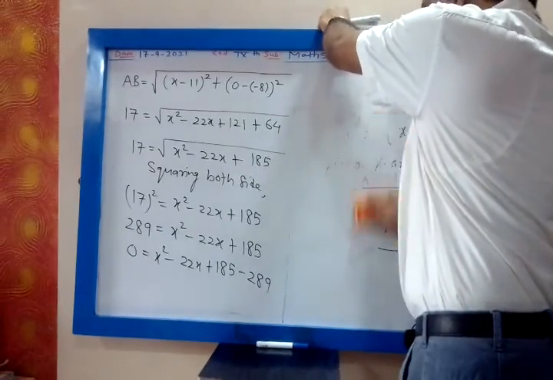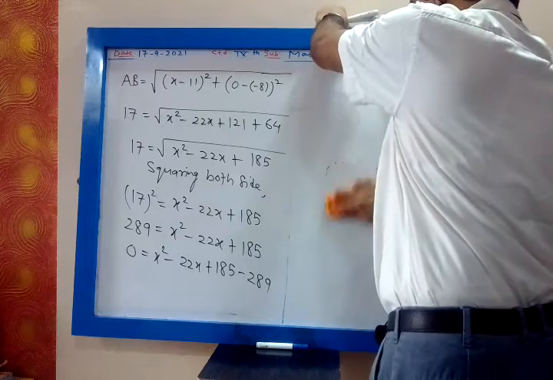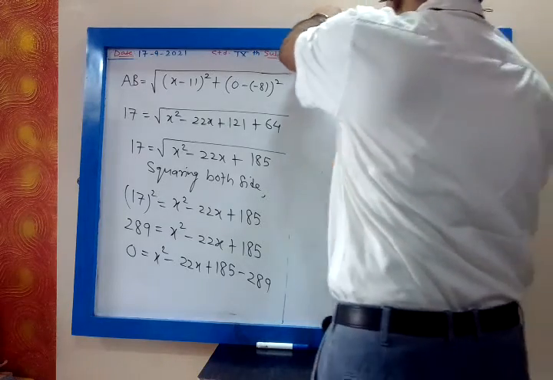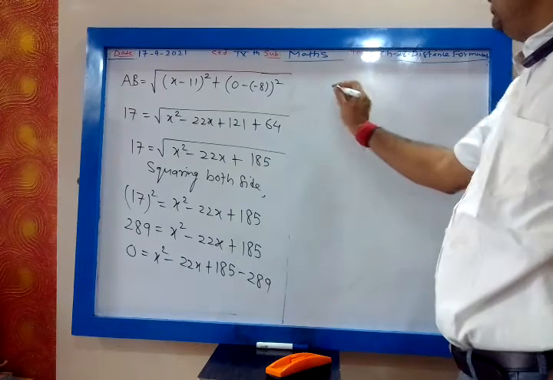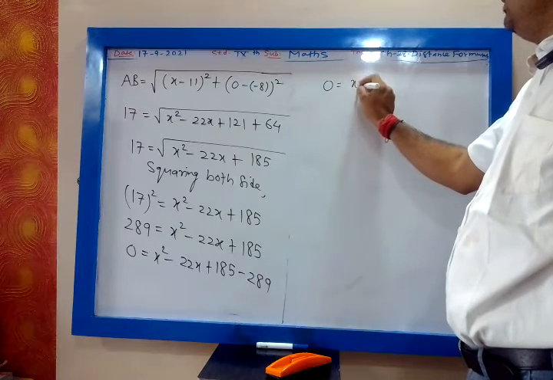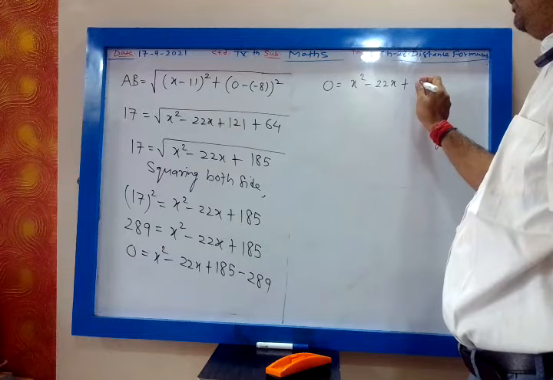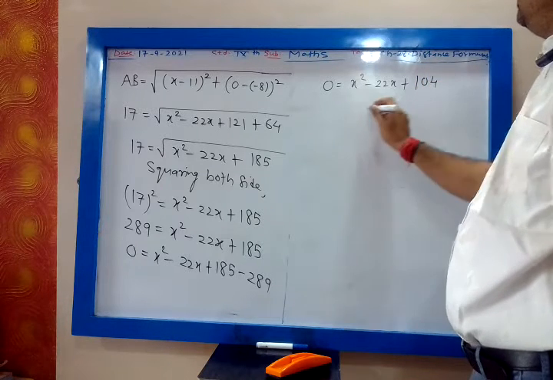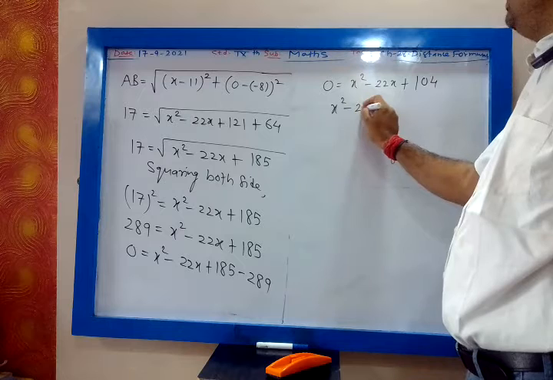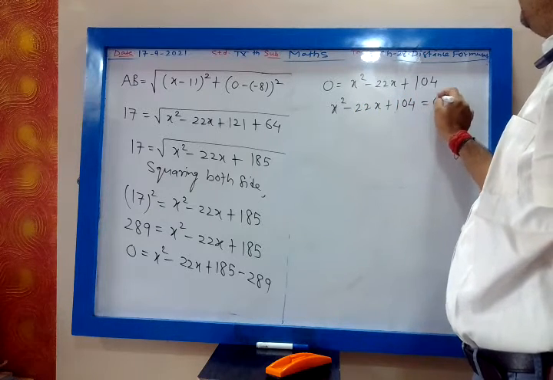So x square minus 22x plus 104 is equal to 0.